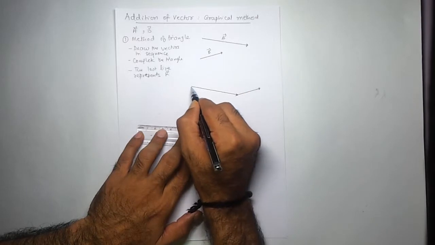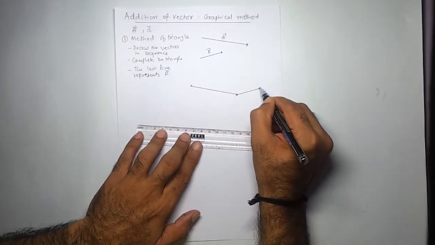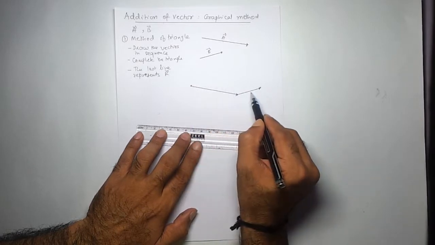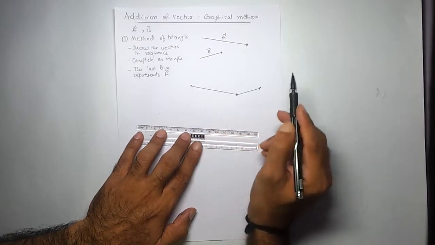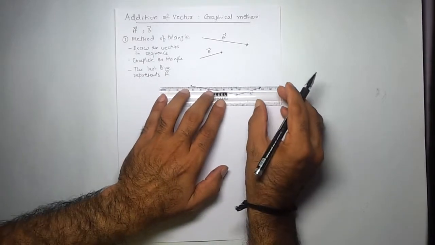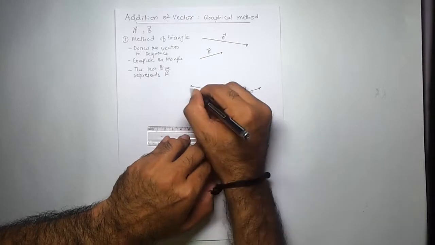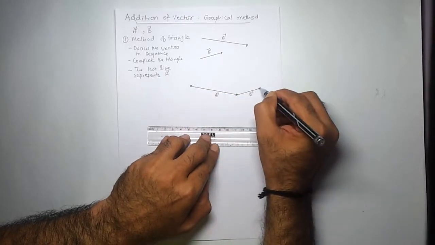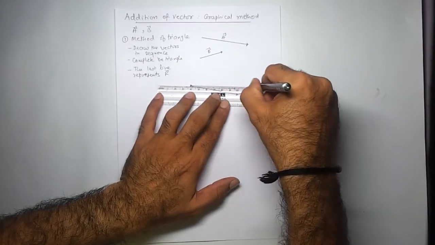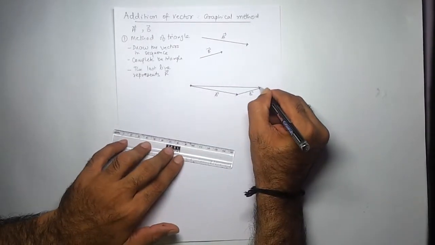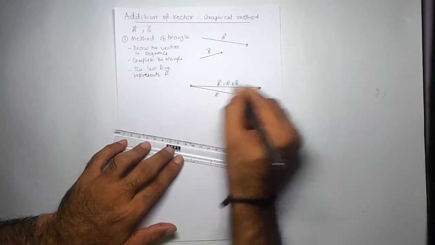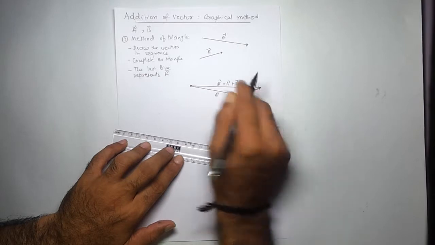Now I start from the starting point and end at this end point, and I complete the triangle. This particular line which completes the triangle will give me the resultant. So this is vector A, this is vector B, and this is R, which is equal to vector A plus vector B. This gives me the direction of the resultant, and also the magnitude.